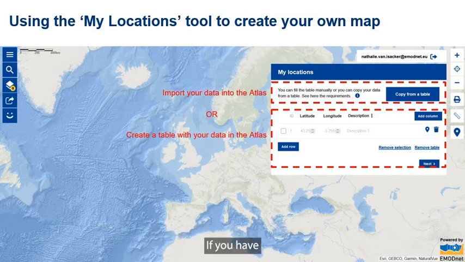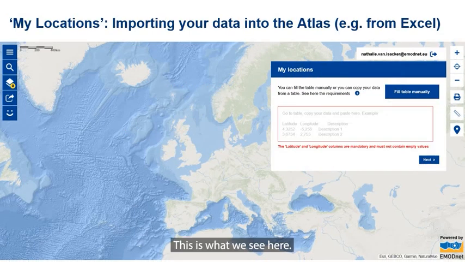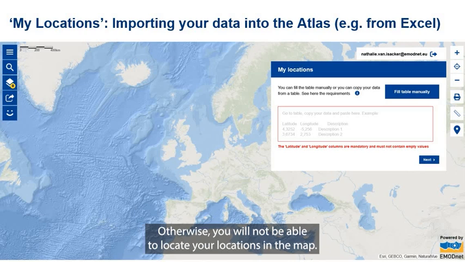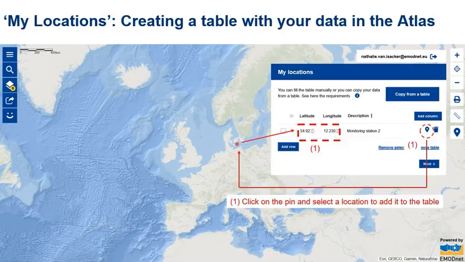If you have this, you can copy-paste your data from your Excel file directly into the atlas. This is what we see here, but make sure that you have latitude and longitude, otherwise you will not be able to locate your locations in the map.